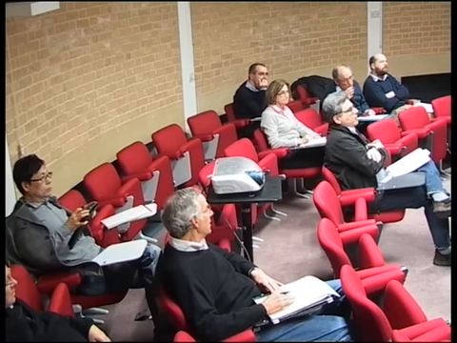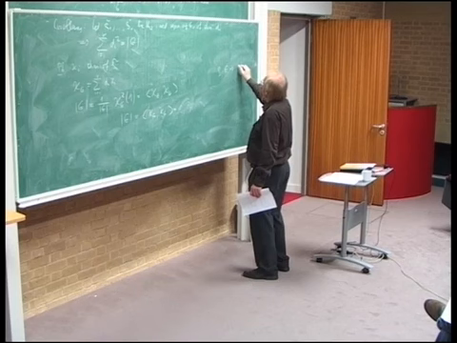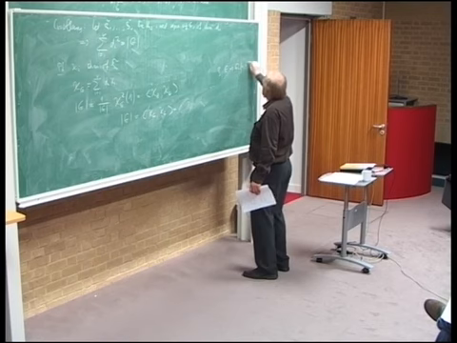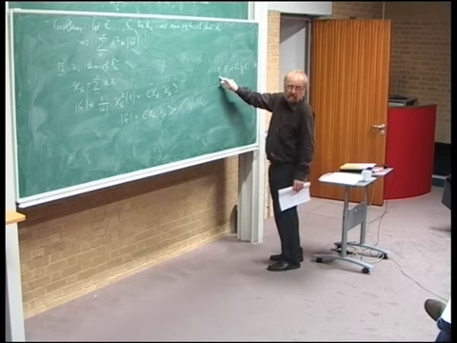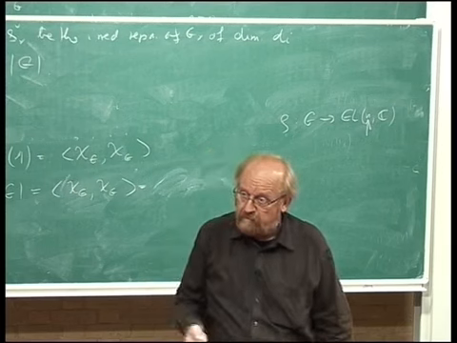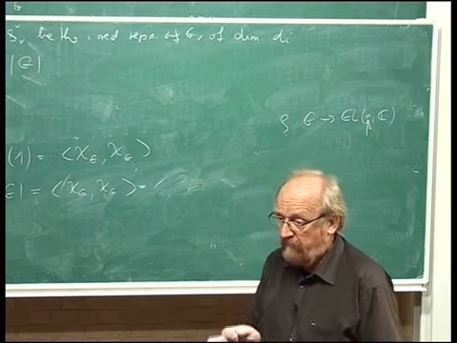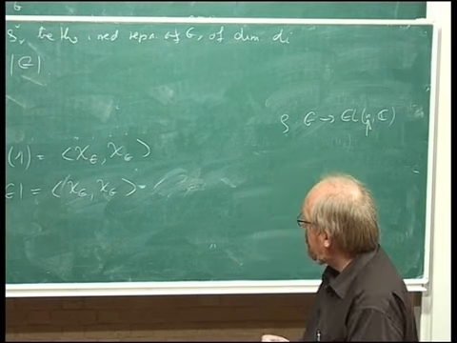So I have rho from G to GL_n of C, and this is the dimension of this rho. They could be different, they could be the same. That's the n which I mean.